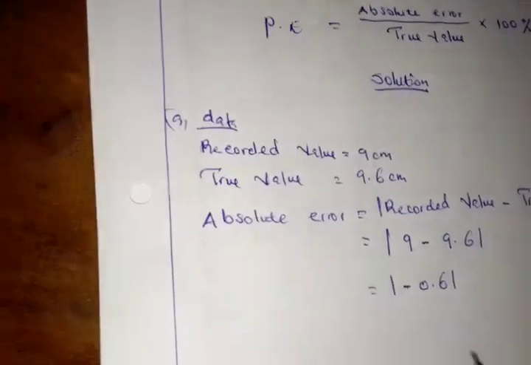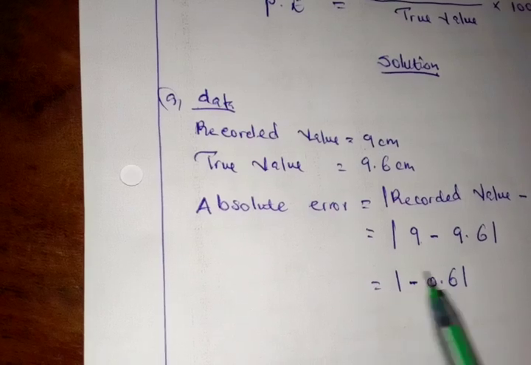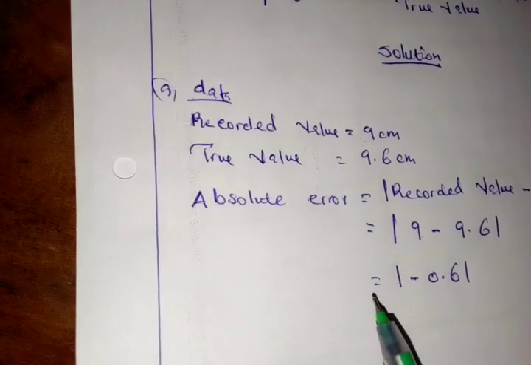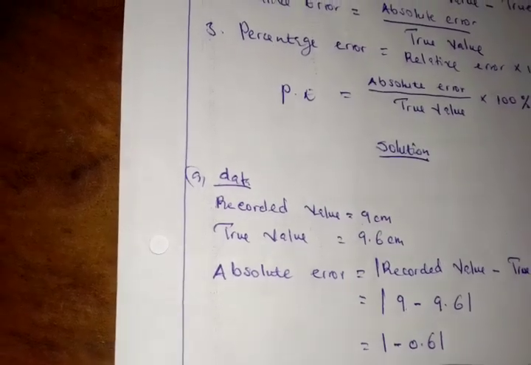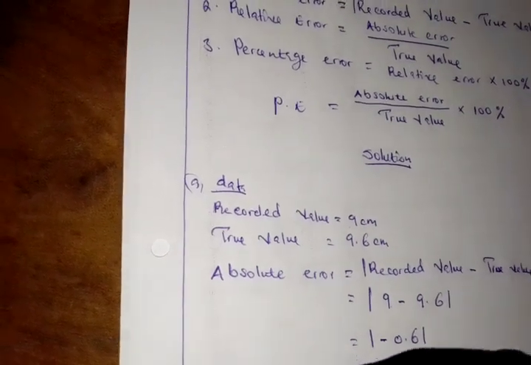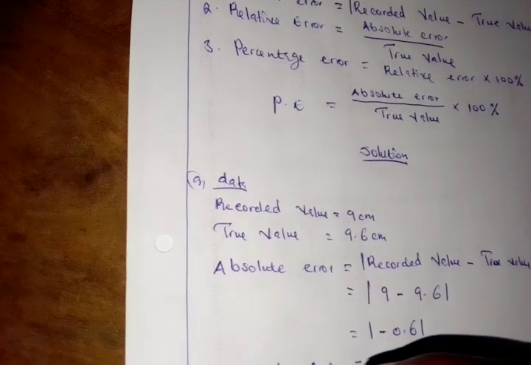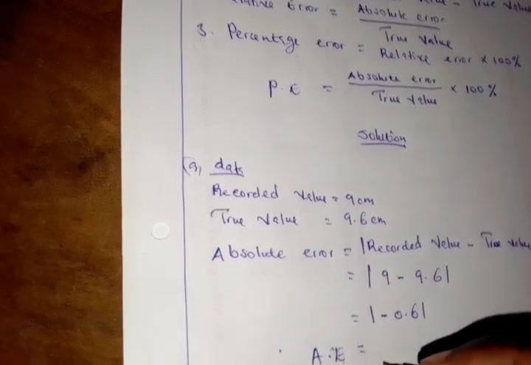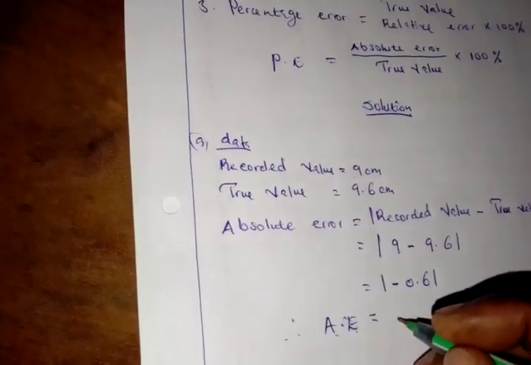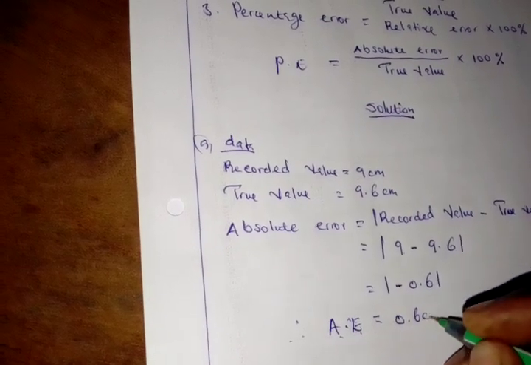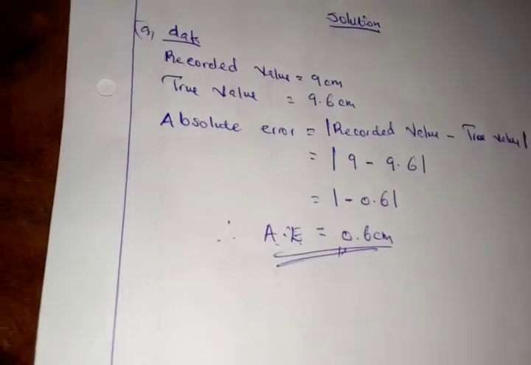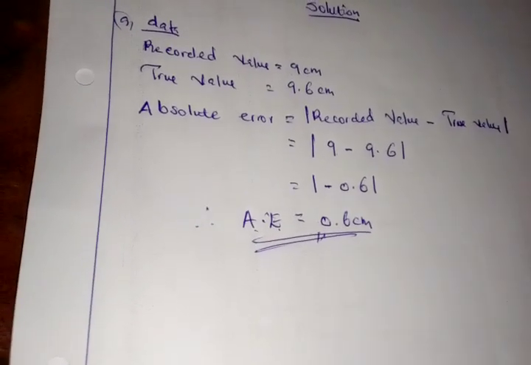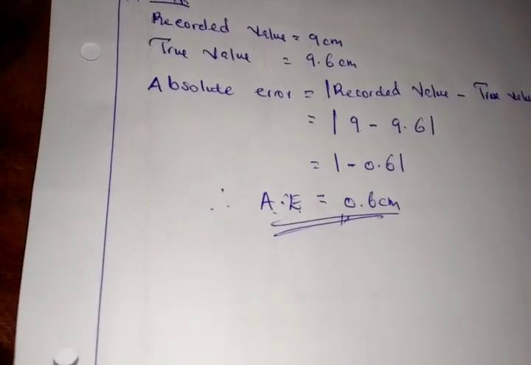And the modulus simply means whatever you get, it must come out as a positive answer. So you can say, therefore, absolute error is equal to 0.6 centimeters. That's how we answer such questions. We move on to B.